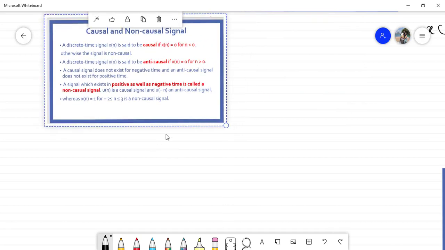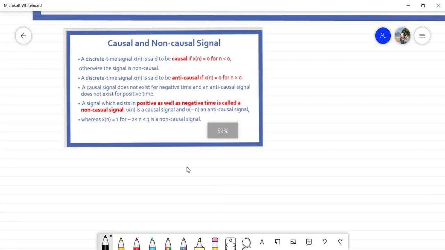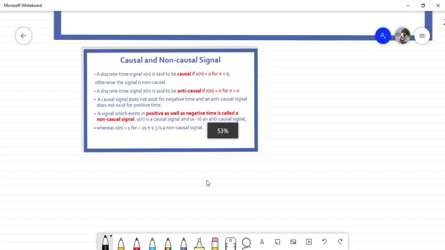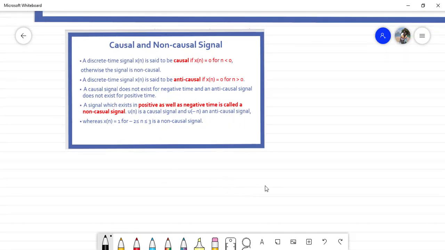So now to identify whether a particular signal is a causal signal, what does it say? That for a causal signal my x of n should be equal to 0 for all n less than 0. So what do I mean when I say for all n less than 0? All n less than 0 means n will be equal to -1, -2, -3.